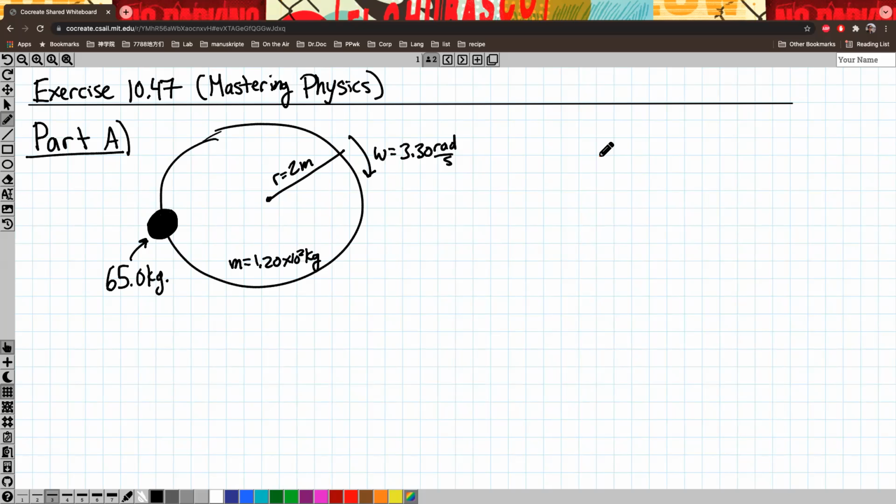How much does it increase by? Well, I can't seem to remember what angular speed is equal to. It would be equal to angular displacement over time.